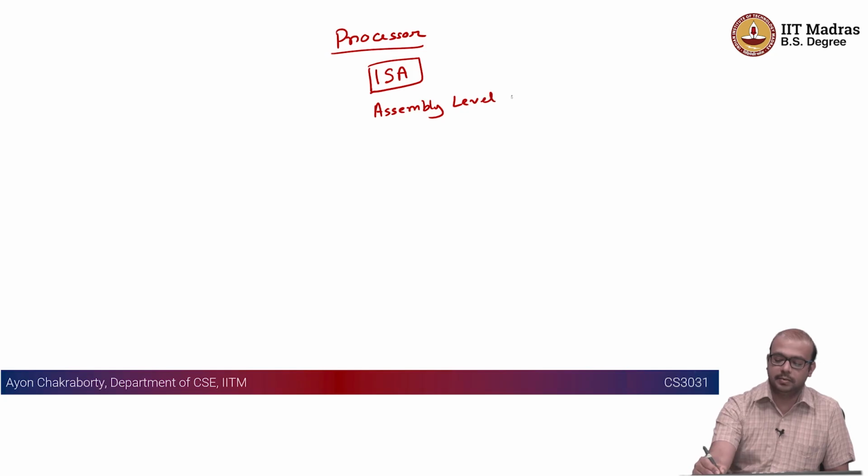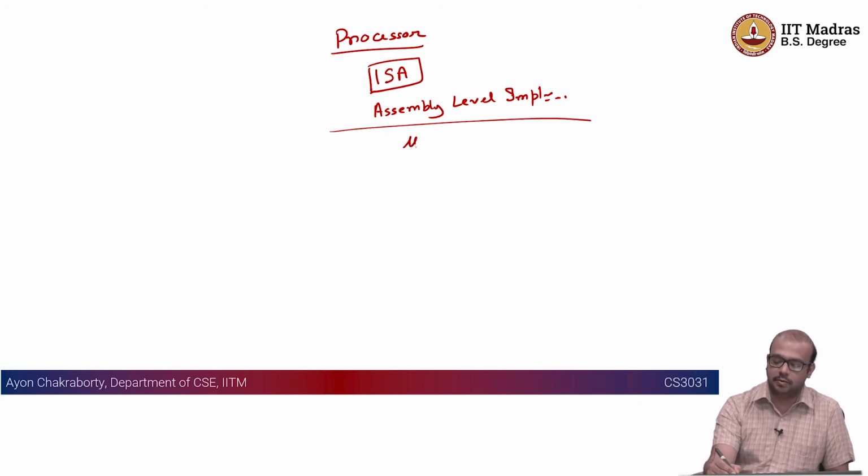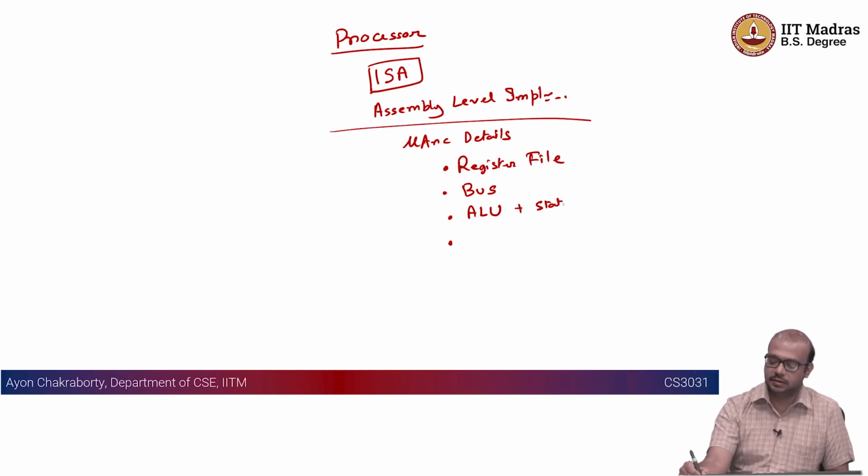After that, we also looked into the microarchitectural details, which mainly contain information about things like a register file, the bus, the ALU, and ALU plus status register, then a program counter, then an instruction register, memory address register, plus optionally the memory data register, and instruction register plus instruction decoder.